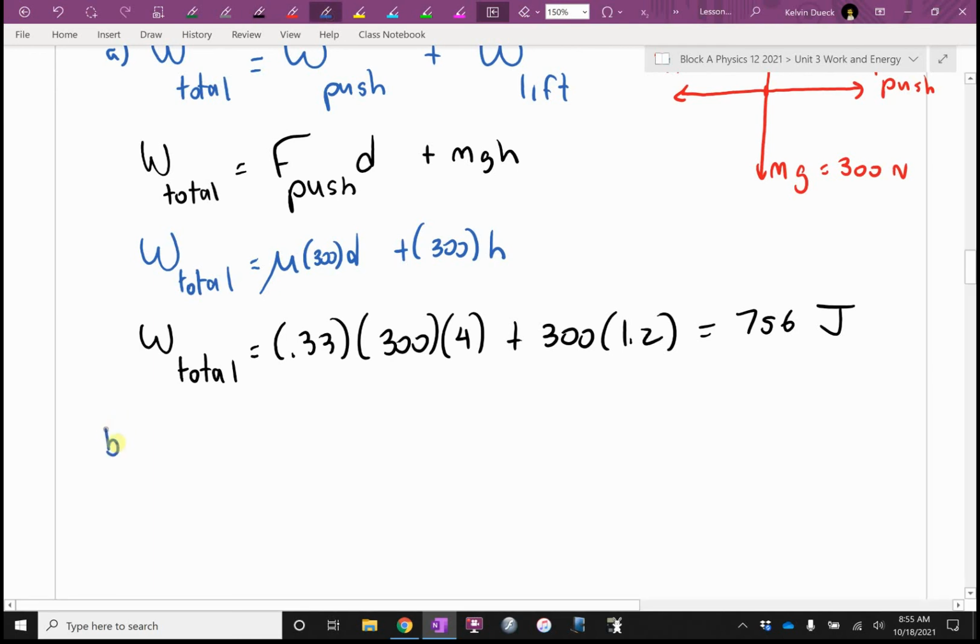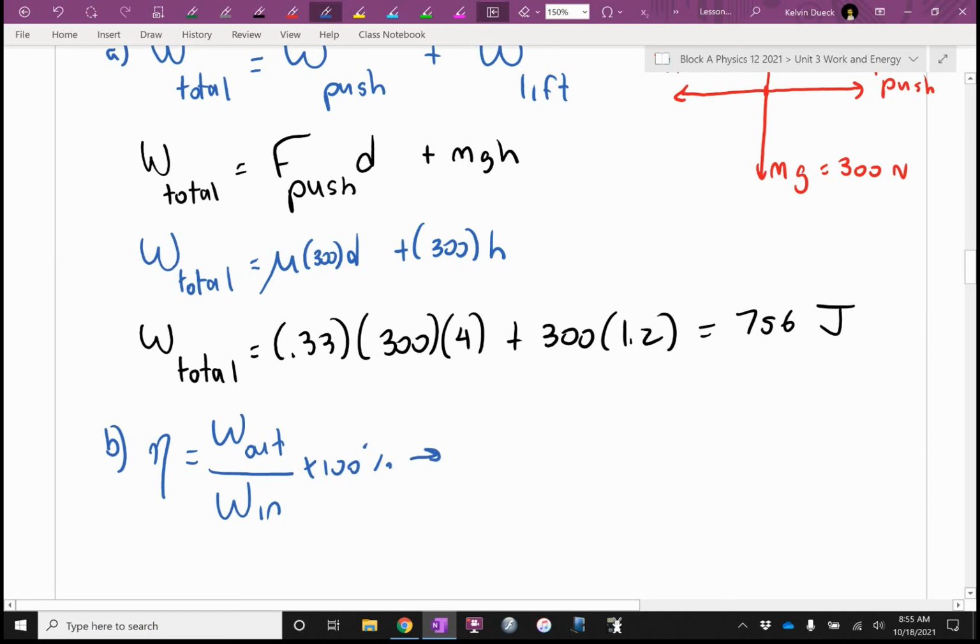Supposing that she expended 1,200 joules of energy, how efficient is this? Well, efficiency is going to be work that we got out divided by work that we put in times 100%. Again, it's a little tough to see what was the work out, what was the work in.